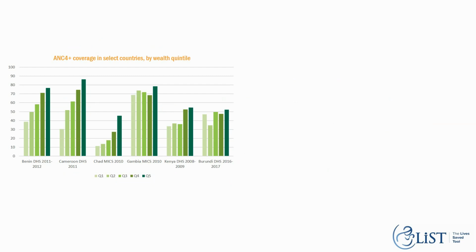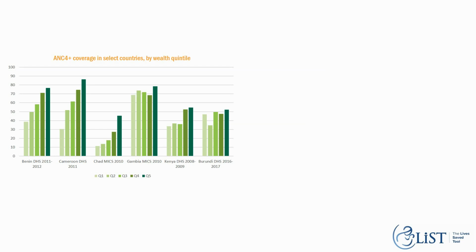So this is just a visualization of coverage levels for one intervention, ANC4. As you can see, in pretty much all countries, it's almost a linear increase for most of these countries between the poorest people who are in the lighter green and the richest people who are in the dark green.